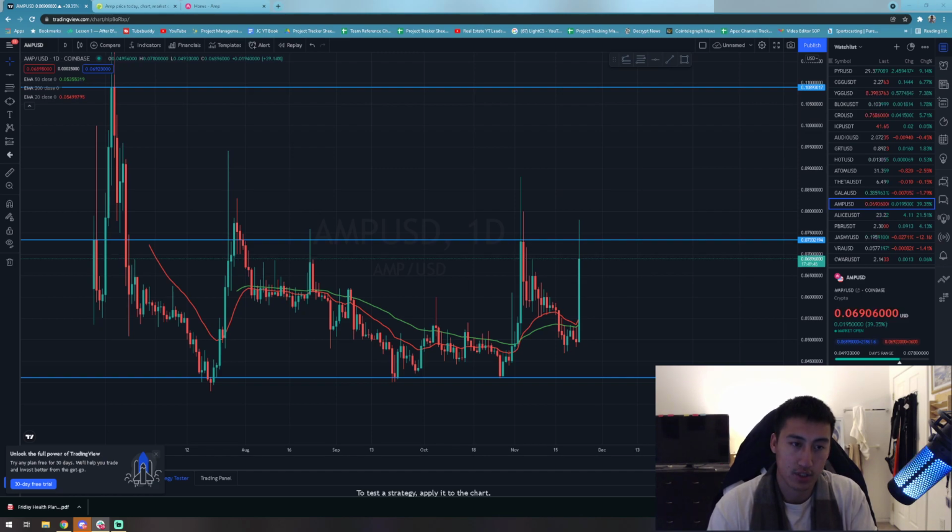So first things first, I drew out all the support and resistance, right? As you can see, I already laid that out for you guys. What I like to do is see where the market is going, the price action. Looking at the moving average here, as you can see, it was a downtrend, a downward trend motion.